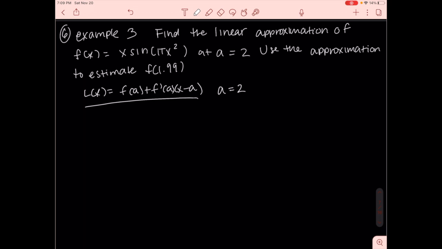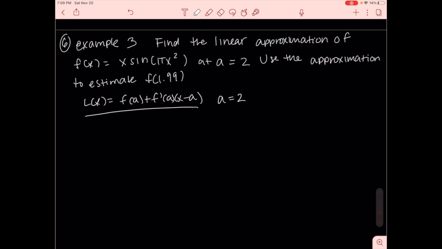They've given that to us. And so our next step would be to find f of a. Oh, sorry about that. F of 2 is going to be equal to 2 times sine of 4 pi. And that's going to be equal to 2 times 0. And so we'll get 0 for that value.